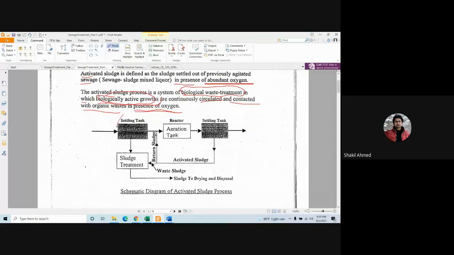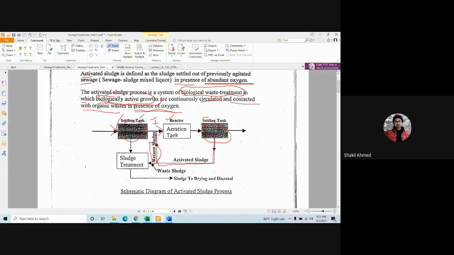So this is the primary clarifier. The sewage is coming, settling tank. This is the aeration tank. This is the final clarifier. Okay, and sludge is generated. So you are bringing this sludge, and some part of the sludge is returned to the incoming sewage. This is the incoming sewage. Return.